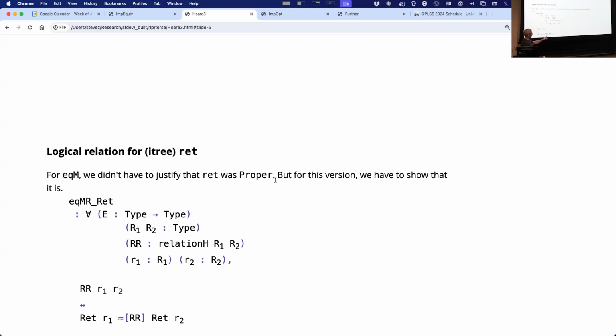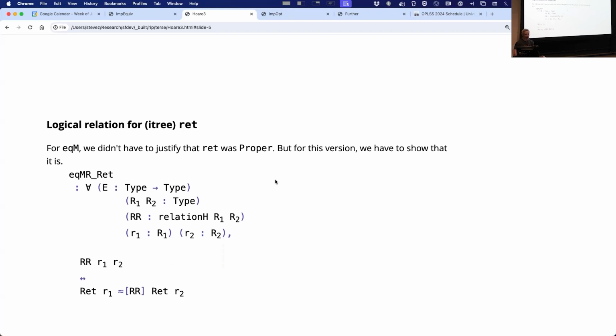So we're returning R1 in this case and R2 in this case at the relation RR if and only if those two values at the leaves are indeed related by that relation. So this is just a fancy way of saying that these leaves line up according to this predicate R. That's the logical relation for return.